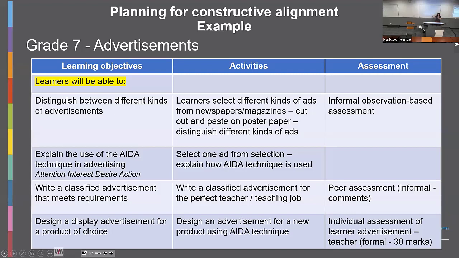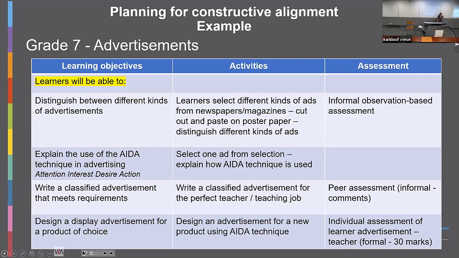How will you assess? It will be informal observation-based assessment. You are observing whether they're on track and they can follow instructions and they are on task. Right. Let's go to the next one.